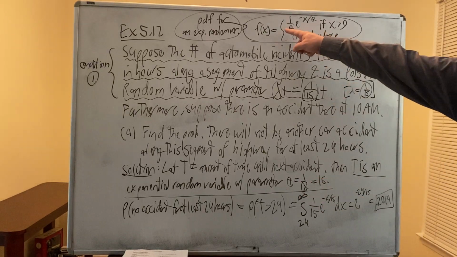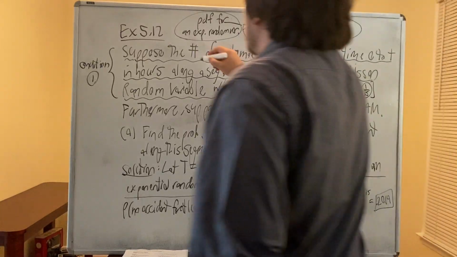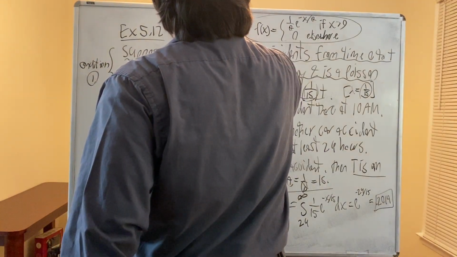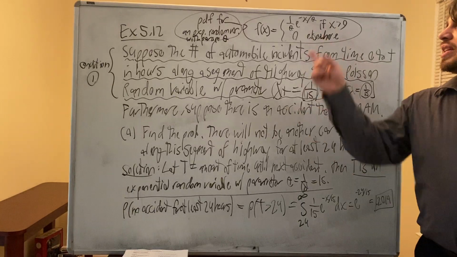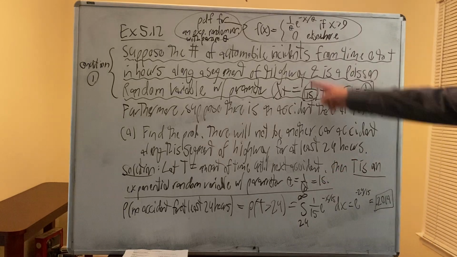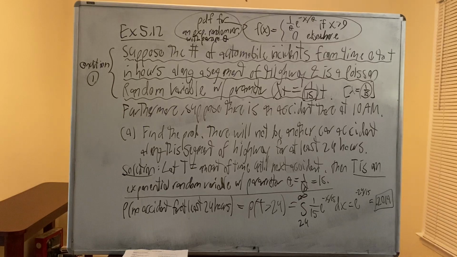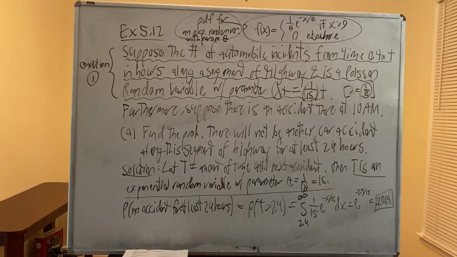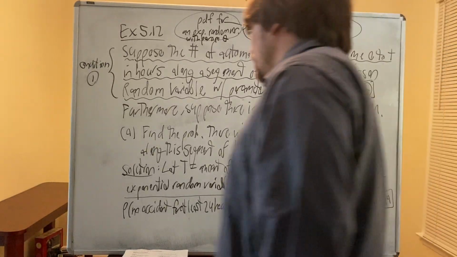With parameter theta, f of x is 1 over theta e to the negative x over theta if x is positive and 0 elsewhere. Here theta is 15, so you plug in 15. You integrate that from 24 to infinity, that's equal to e to the negative 24 over 15, and you calculate that in your calculator: 0.2019. So that's A.